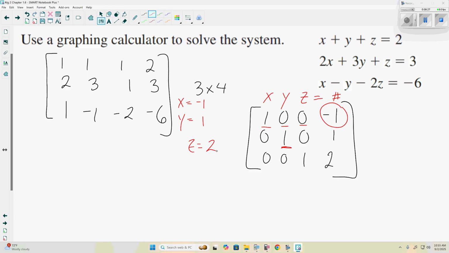So x is negative 1, y is 1, z is 2. So our solution is the point negative 1, 1, 2. That's our point. That is the solution. Since we did x, y, z, the final column is going to read x, y, z.